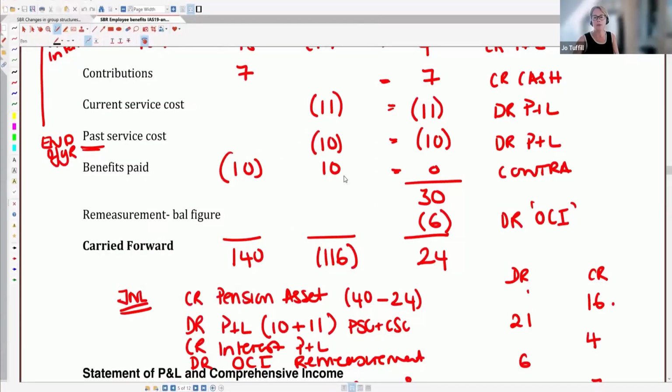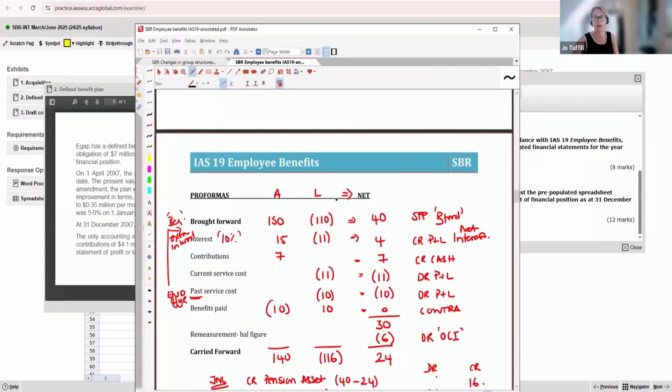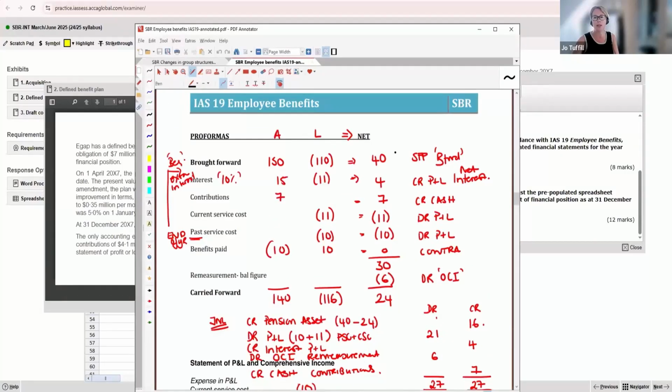Remember the pro forma: you do the brought forward position, you do an interest cost, your contributions come off, and your current service cost is an expense, your past service cost is an expense, your benefits paid are a contra, and then you have a remeasurement figure to take the brought forward to the carry forward.